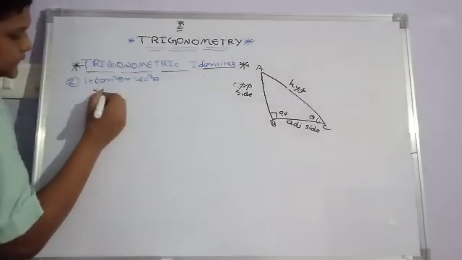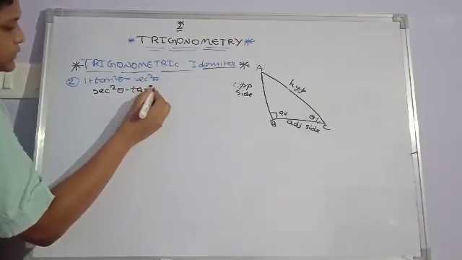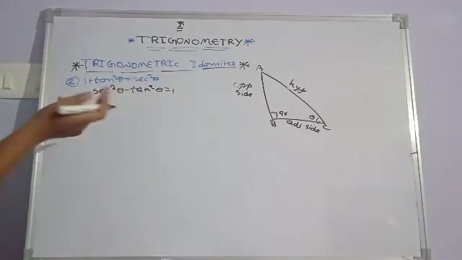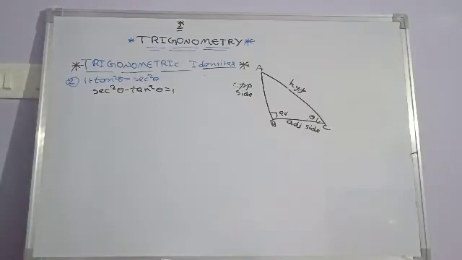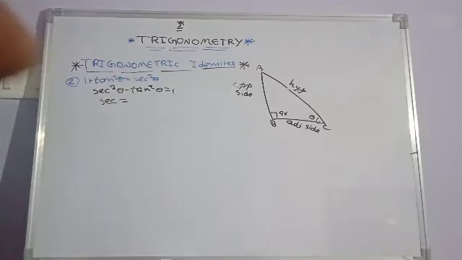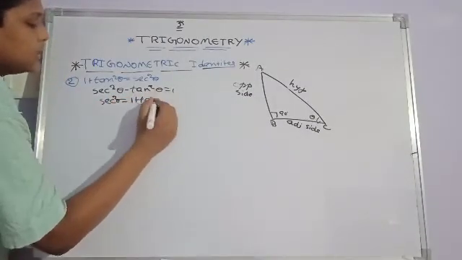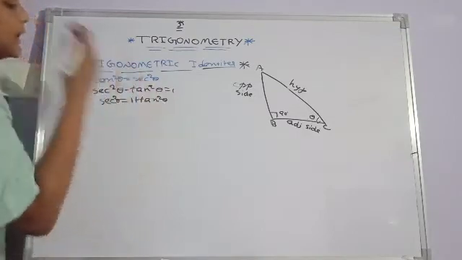First one is secant square theta minus tan square theta is equal to 1, because when tan square theta moves to that side it becomes minus. And in the other form, secant square theta is equal to 1 plus tan square theta.